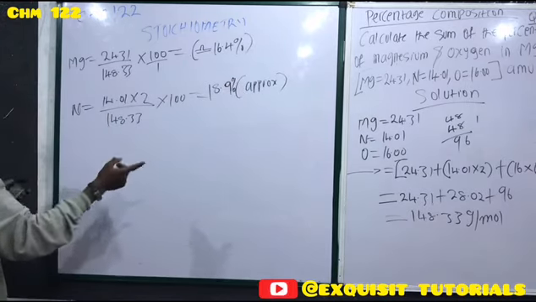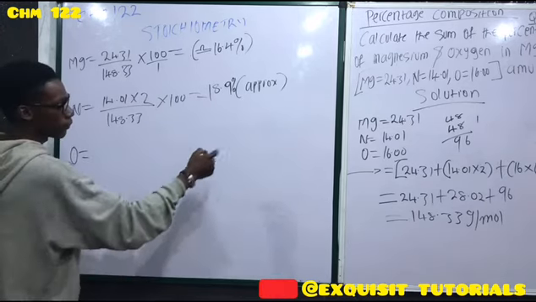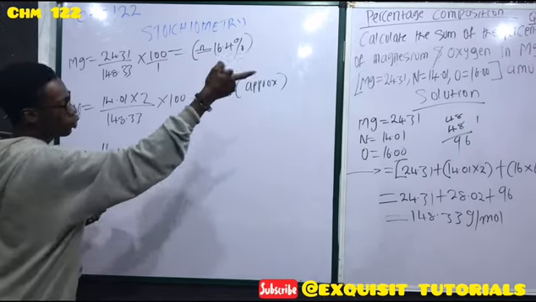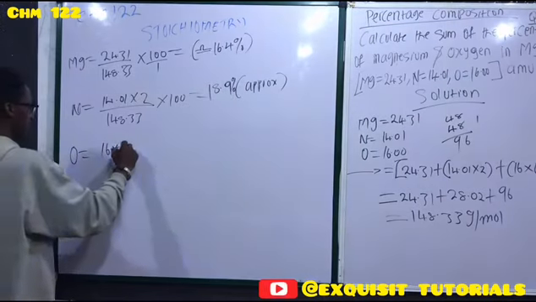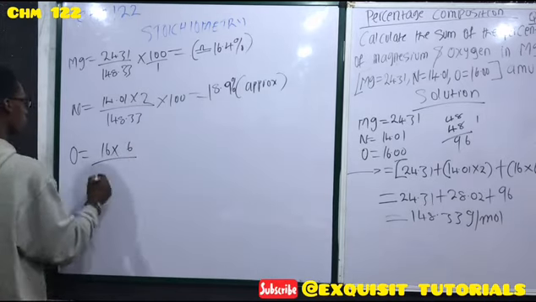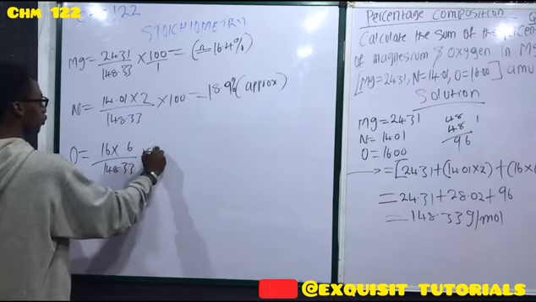Alright, here we are having oxygen as 16 times 3 times 2, which is 6, over the total mass of the compound, which is 148.33 times 100 over 1.